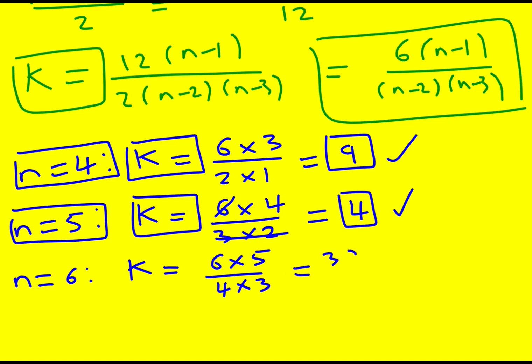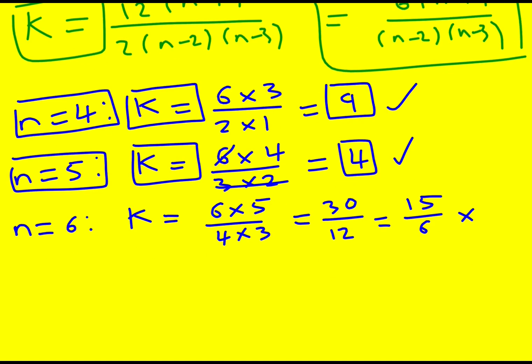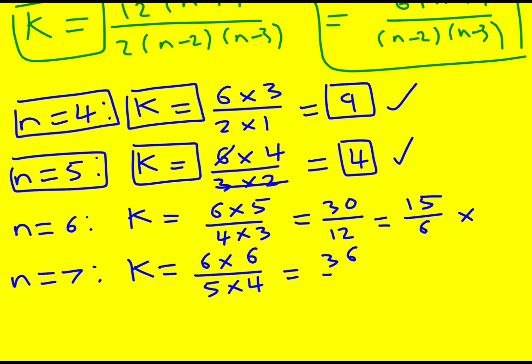That's going to give me 30, and I can see that they're not going to go into 5, so this time it's not going to work. 30 over 12, that's going to be 15 over 6. No. Okay, 4 goes to both of these, it's going to be 9 over 5.